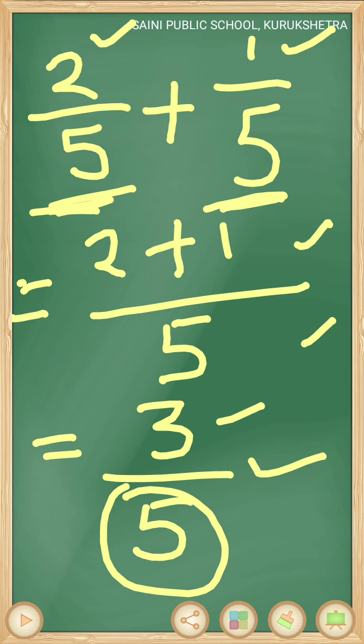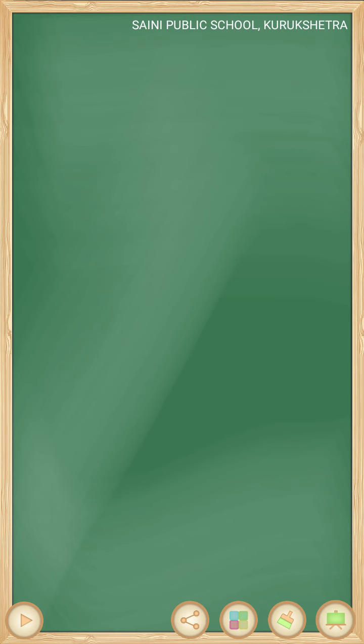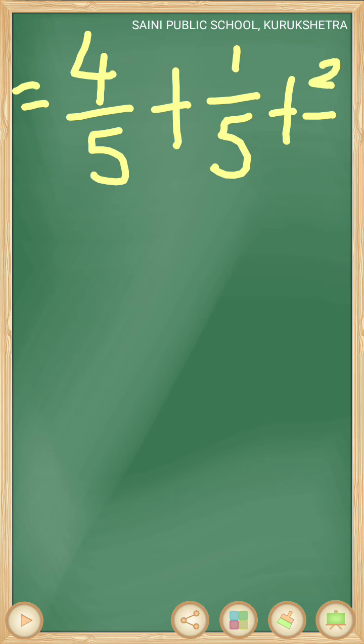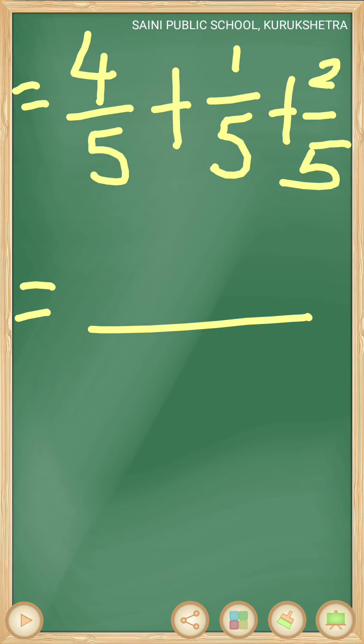Clear? Now I am taking another example and I am writing 3 numbers now: 4 by 5 plus 1 by 5 plus 2 by 5. Now the procedure will be the same. Again I will write two numbers, one in the numerator and one in the denominator.